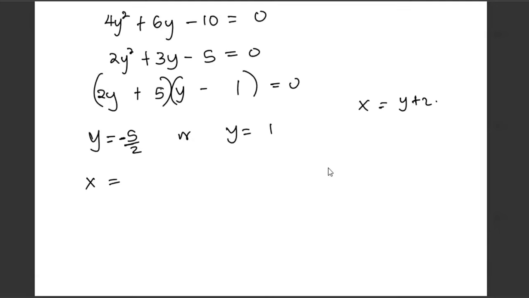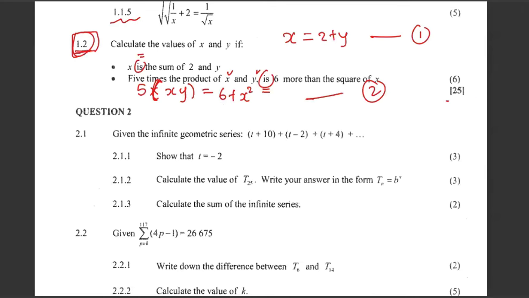Perfect. So it's going to be negative 5 over 2 plus 2. Okay, negative 5 over 2, but then plus 2, which becomes negative a half, or x is going to be 3. All right, so that becomes the end of question number 1 for the 25 marks.